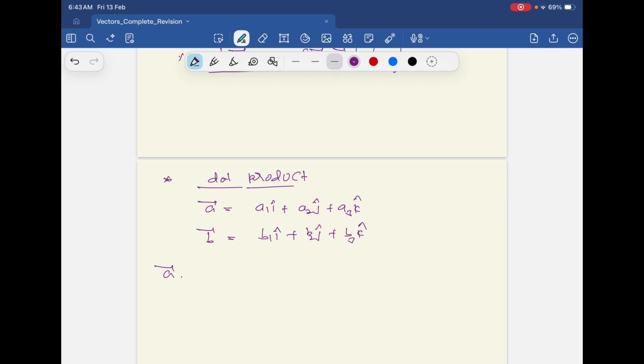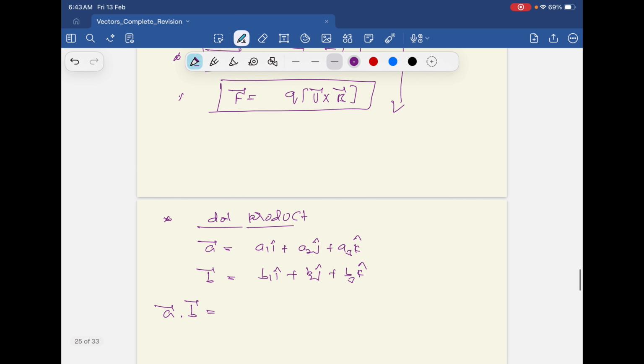So how to find A bar dot B bar? Now as we mentioned before, I, J, K are vectors along x direction, y direction and what? Z direction. Already we have seen if theta is 90 degrees, A bar dot B bar is AB cos 90.